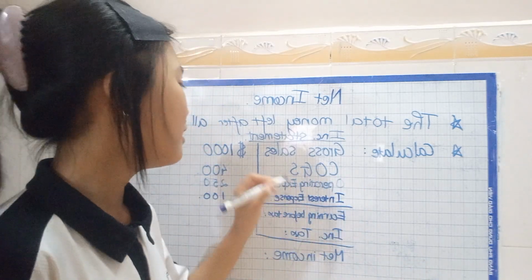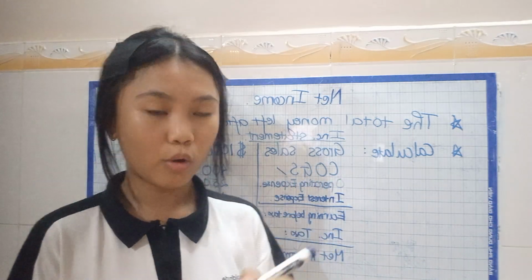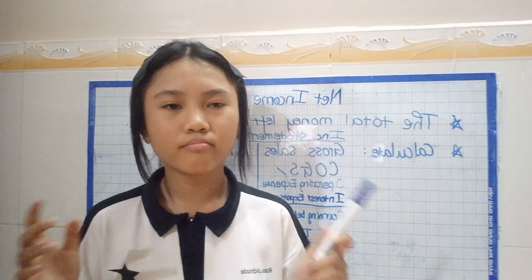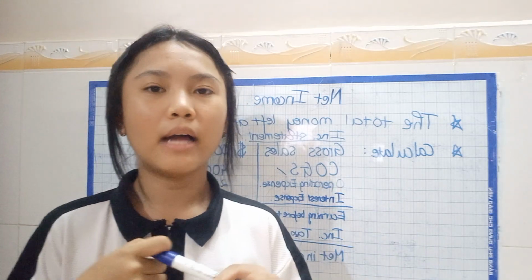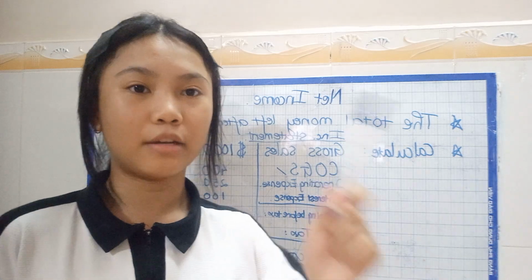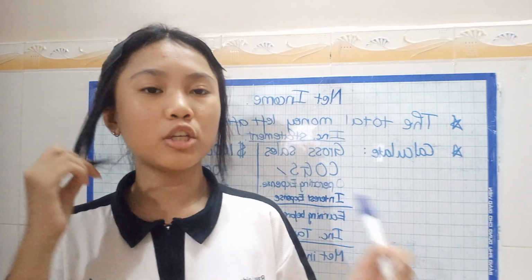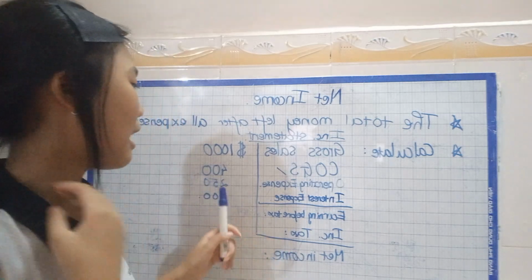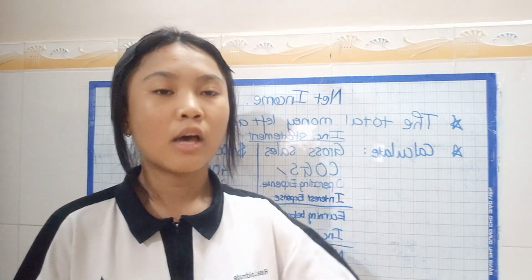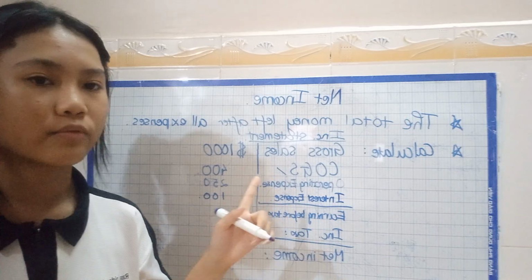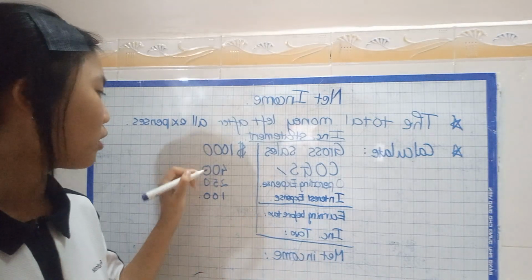So first is the cost of goods sold. Let's say I sell notebooks, and each notebook costs $10. I know that's expensive, but just for reference. And each notebook would cost me around $4 to make. So I sold 100 of them, meaning that the cost of goods sold would be $400.